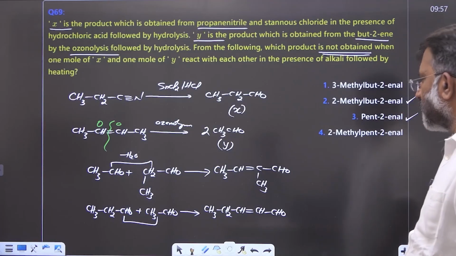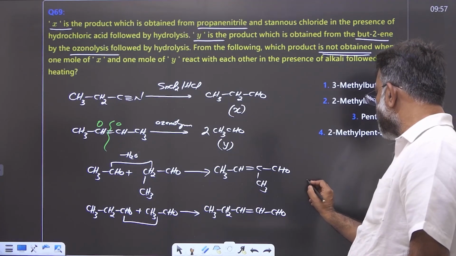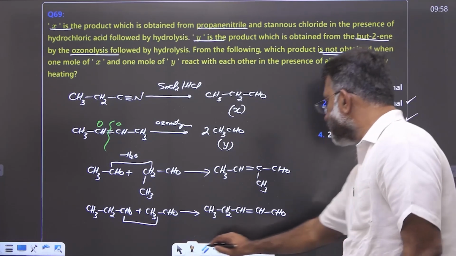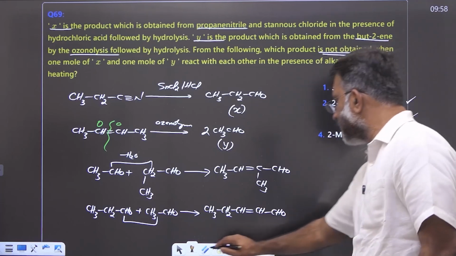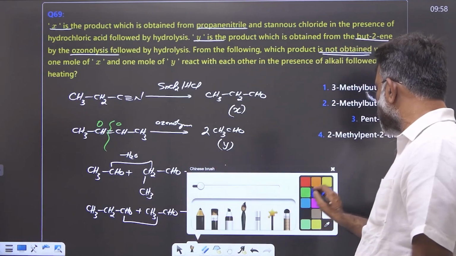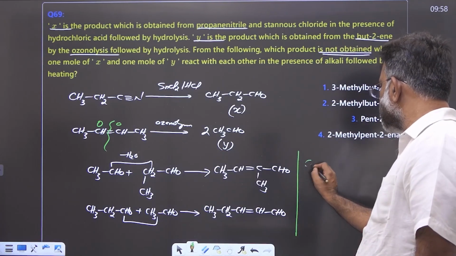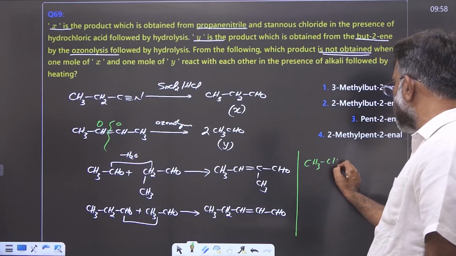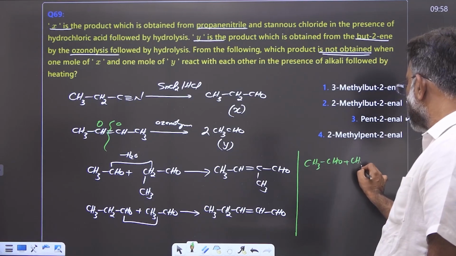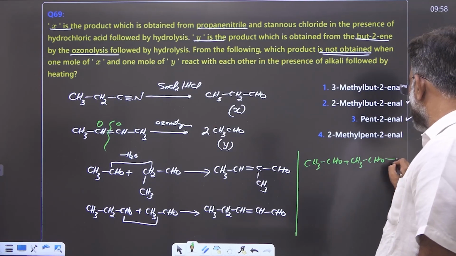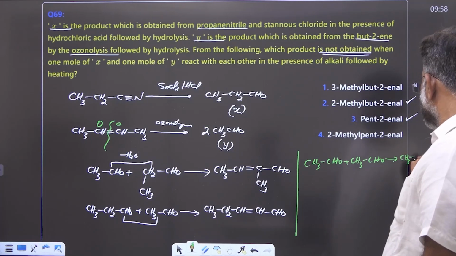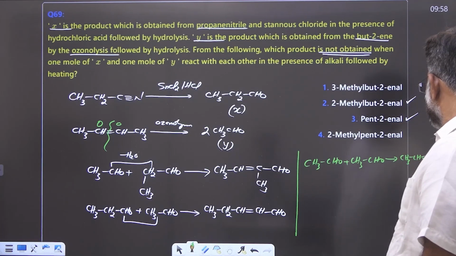Another product you can get is from self-condensation. This is cross aldol condensation; there can be self-condensation. CH3CHO plus CH3CHO: the product will be CH3CH=CHCHO.